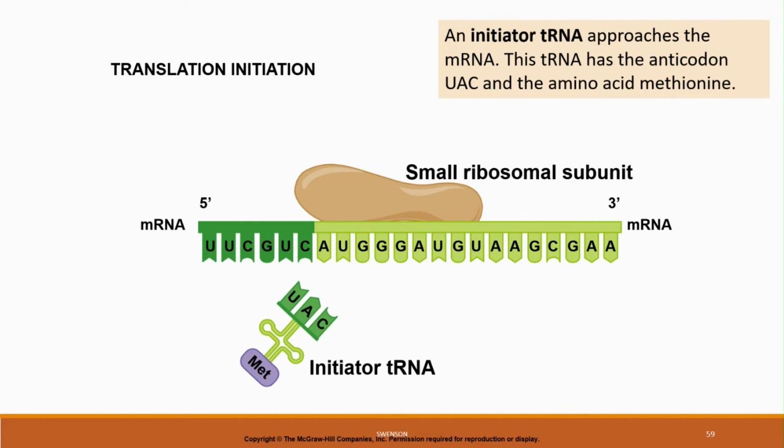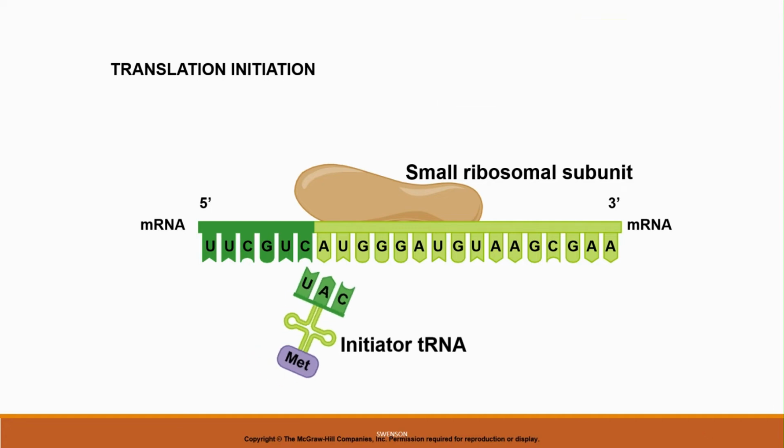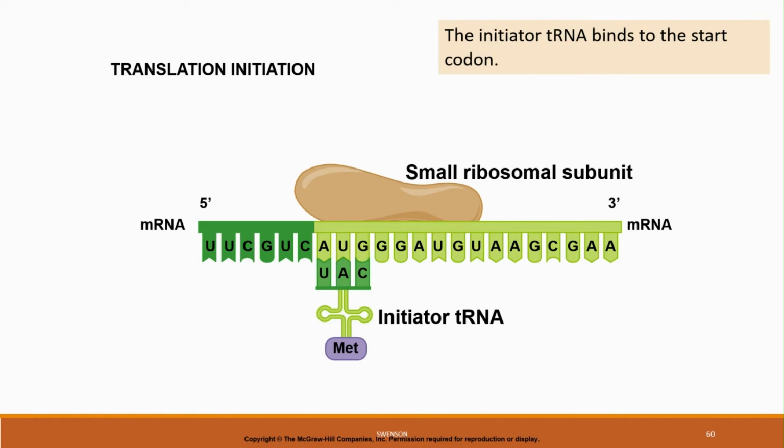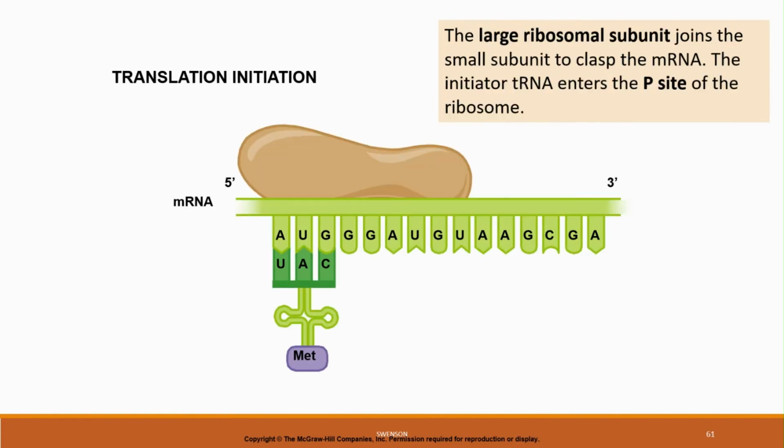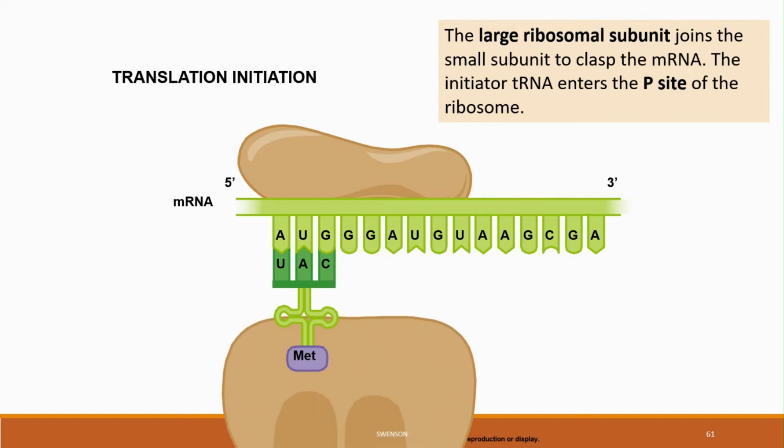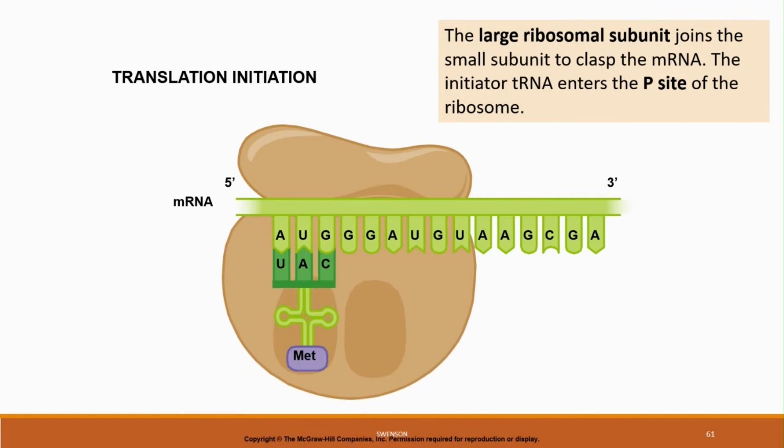An initiator tRNA approaches the mRNA. This tRNA has the anticodon UAC and the amino acid methionine. Then the large ribosomal subunit joins the small subunit to clasp the mRNA. The initiator tRNA enters what's called the P site of the large ribosomal subunit.